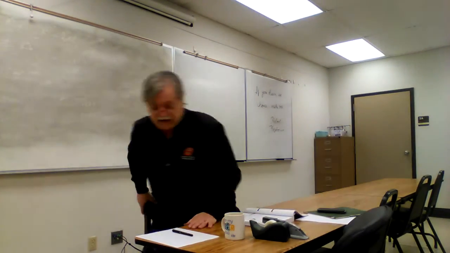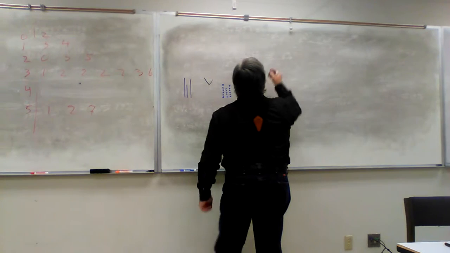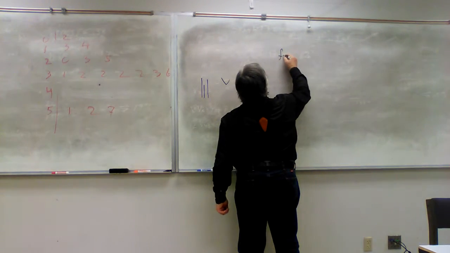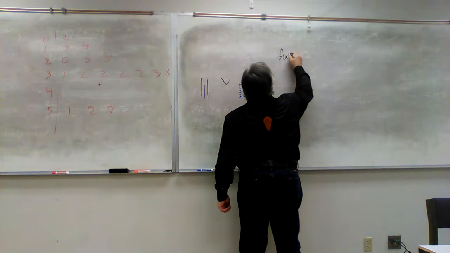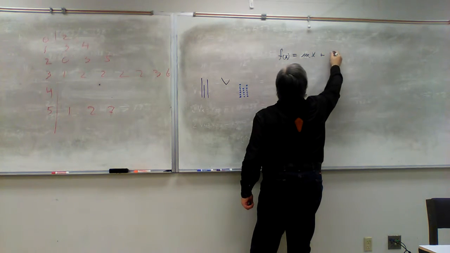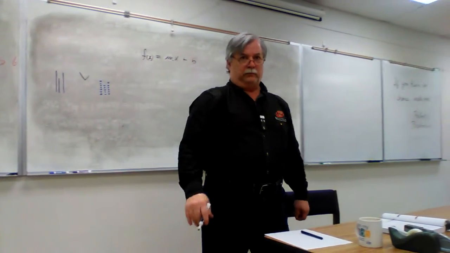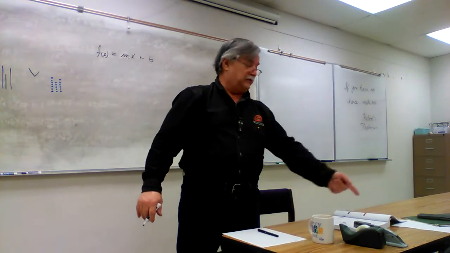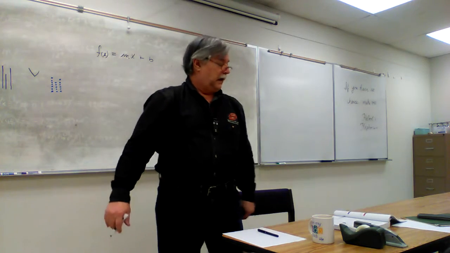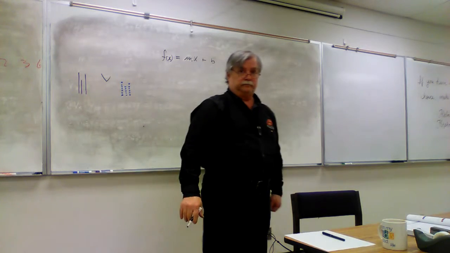If you were plotting that as a function, it would be mx plus b, where m is the slope, in this case a positive number, and b is the offset, or the y-intercept.